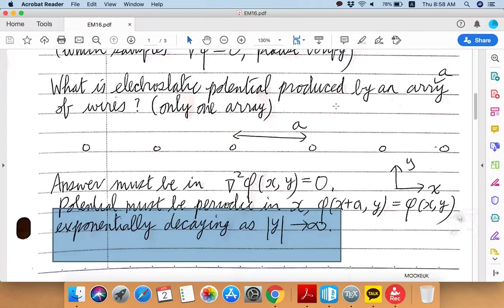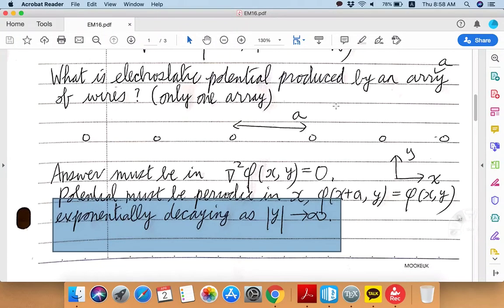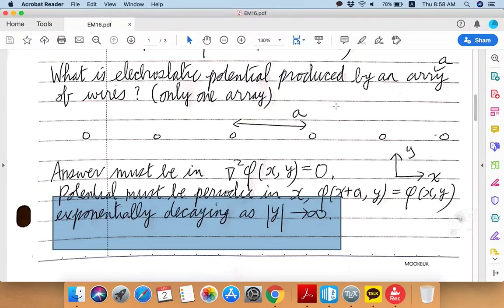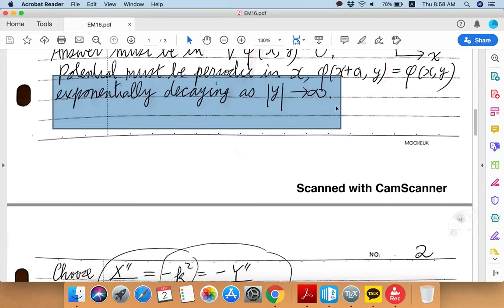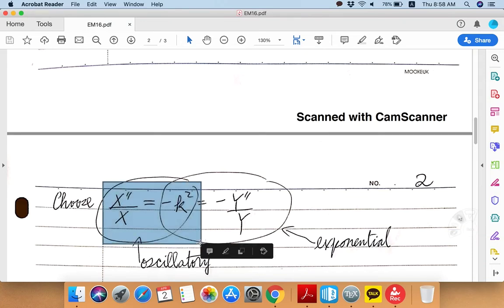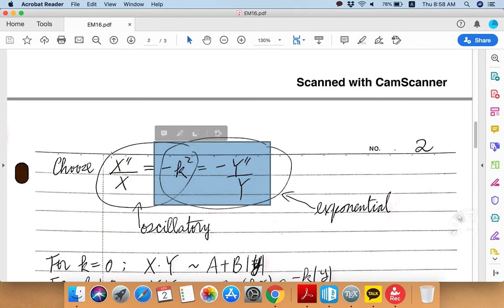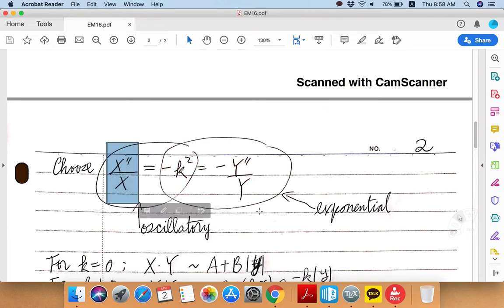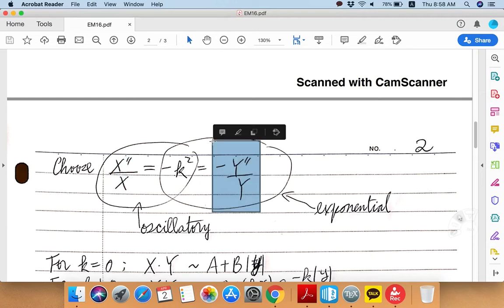And from our previous experience of solving the Laplace equation in the rectangular coordinate system, by the separation of variables technique, we know that this choice of the x function part and this choice of the y function part should yield an oscillatory solution, sines and cosines for the x function, but exponential function for the y function.